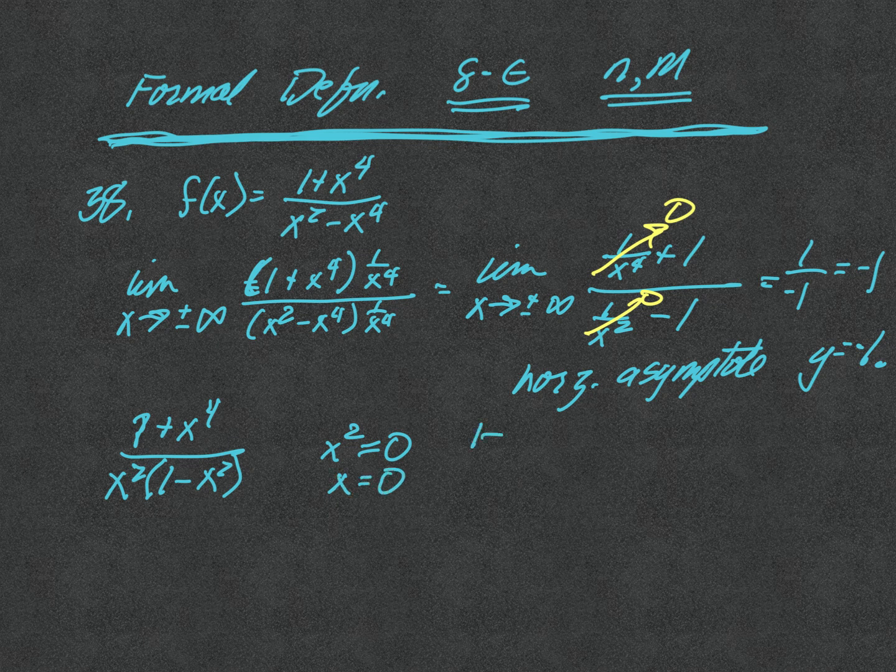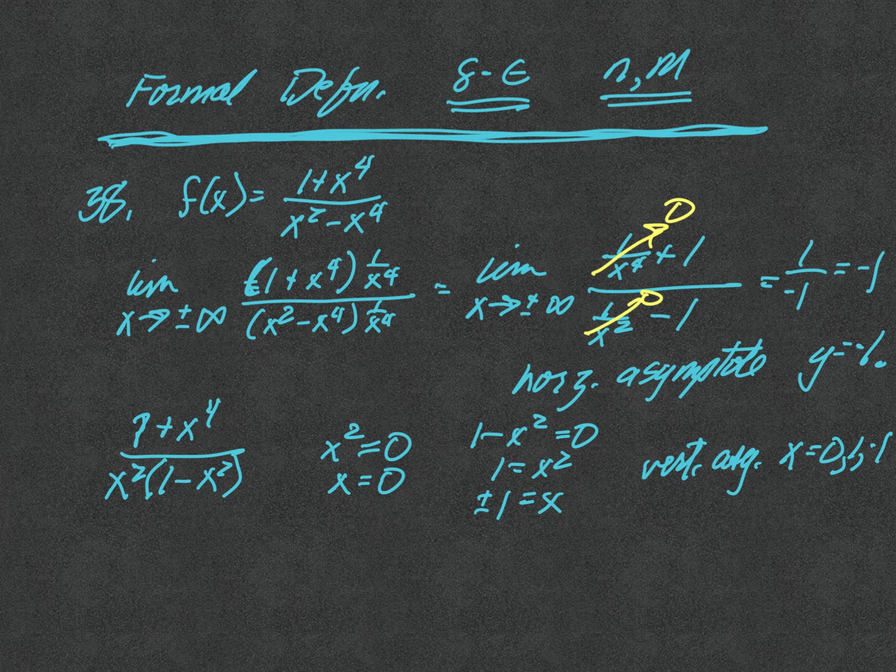And 1 minus x squared equals 0 gives 1 equals x squared, so plus or minus 1 is equal to x. And so the vertical asymptotes are x equals 0, 1, and negative 1. Okay?